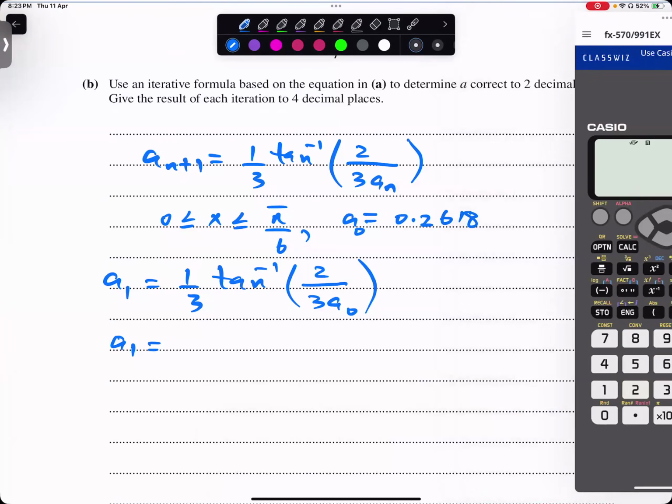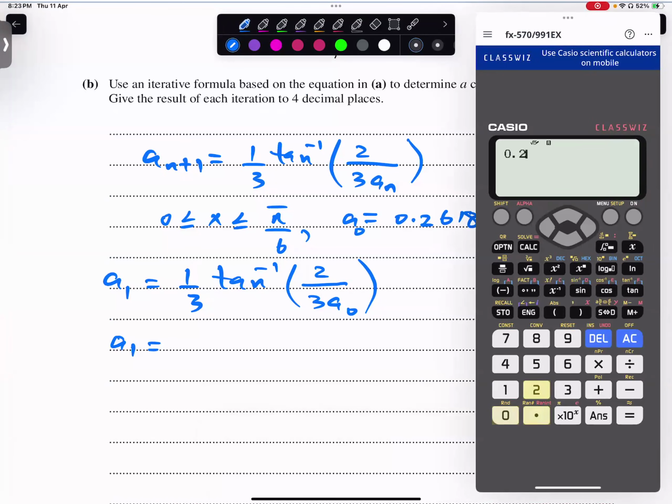Now it's on radian. Now put 0.2618 equals. Now the calculator has saved this value as the answer. Now write 1 divided by 3, shift tangent inverse of 2 divided by 3 times answer. Now press equal.